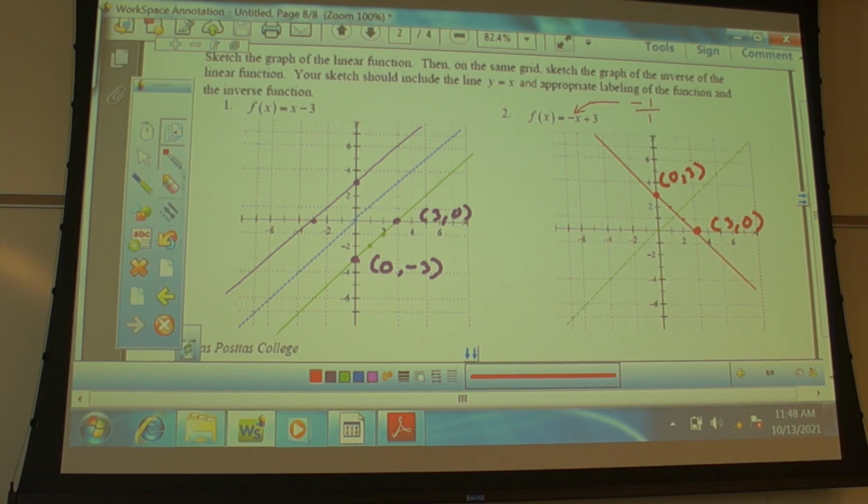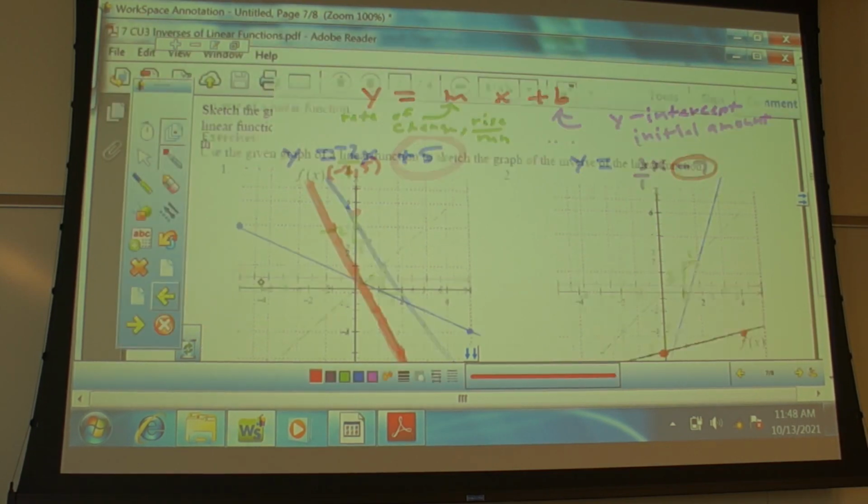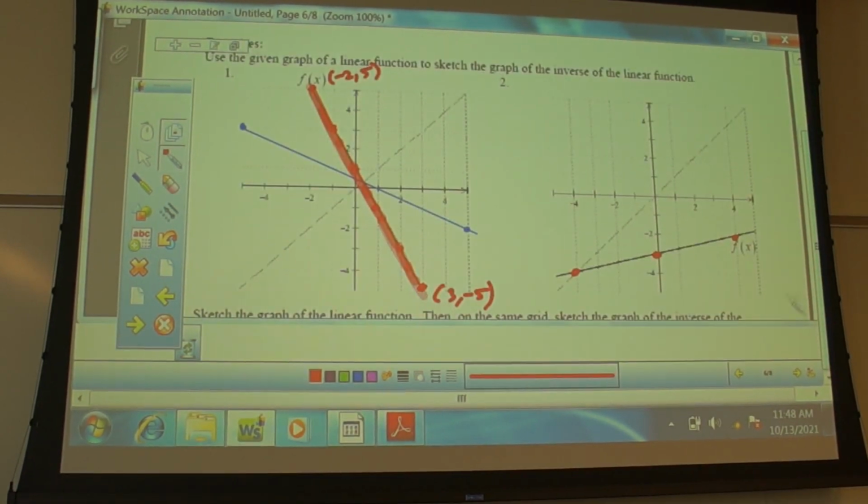Okay, the next one. Oh, sorry, the first one. Should be the first one. The first one, we have, this is, what is that, 0, -3 becomes -3, 0.